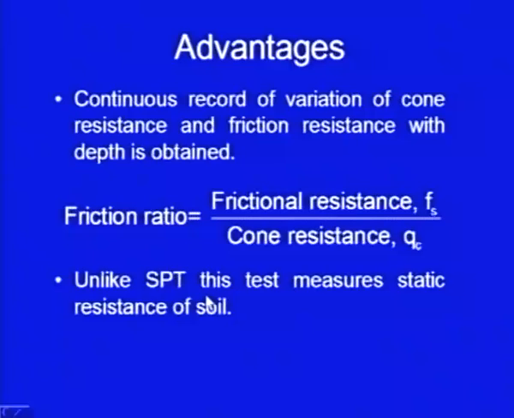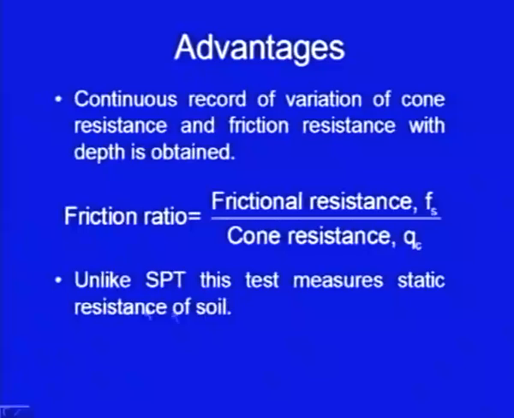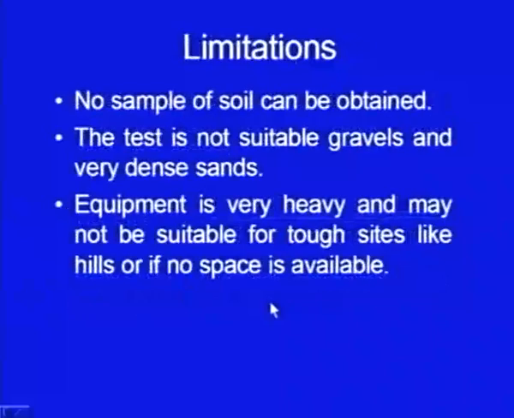In the case of the SPT as well as DCPT, we were using cones. The cone was dropping for a given distance, imparting energy. So, it was a dynamic sort of test, not a static test. This particular test gives you the static resistance. So, that is the advantage.